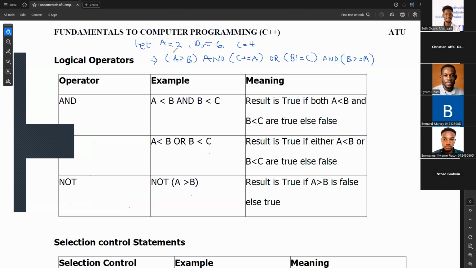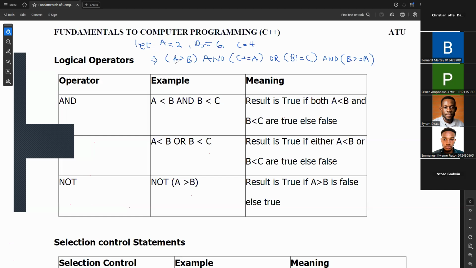Okay, A is equal to 2 and B is 6. So if A is 2 and B is 6, then 2 is greater than 6 is a false statement on that side, and C is 4. So A is greater than B, that means 2 is greater than 6 is what?